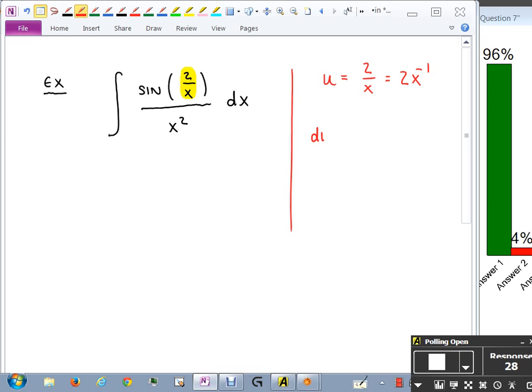So it's du is negative 2x to the negative 2 dx. So the negative 1 came out, made it negative 2. Subtract 1 from the power, and what do you know? Negative 2 over x squared dx, right?